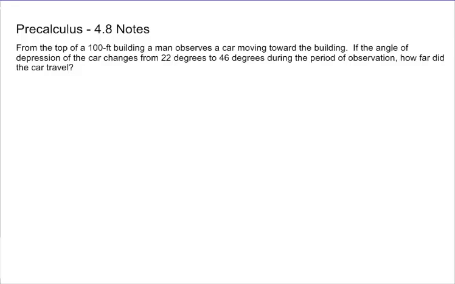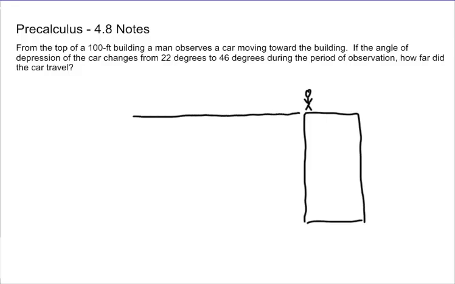Alright, so from the top of a 100-foot building, a man observes a car moving toward the building. So draw a picture. We've got a building, and we've got a man at the top observing a car moving towards the building. So if the angle of depression of the car changes from 22 degrees to 46 degrees, we'll just pretend he's lying down and he looks straight out and he's looking at the car.